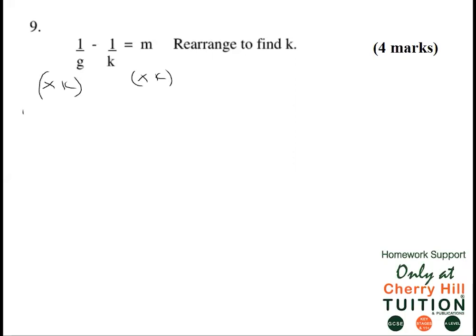This leaves us with 1 over g multiplied by k minus 1 over k multiplied by k is equal to m multiplied by k.